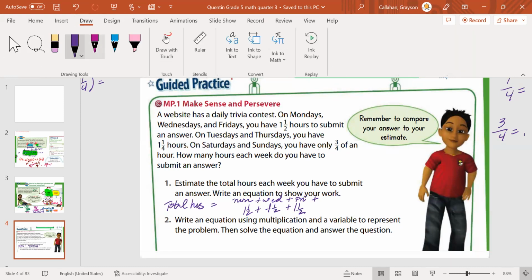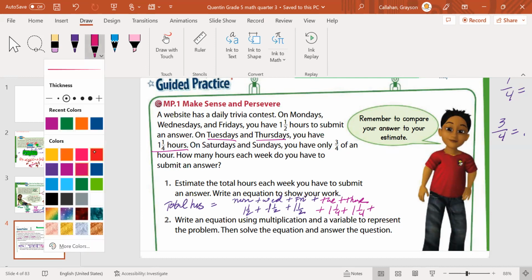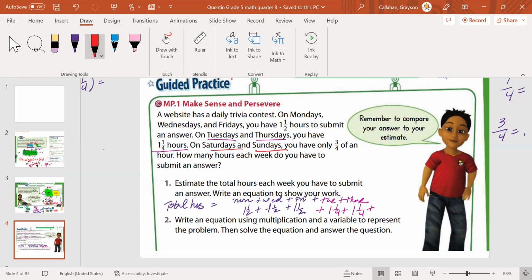But then you also have to add Tuesdays and Thursdays. Tuesday plus Thursday, you have 1.25, right? But then we also have Saturday and Sundays, which is only 3/4, right?